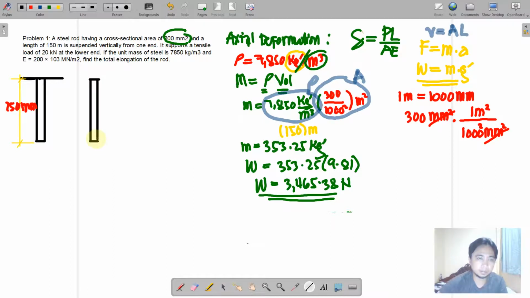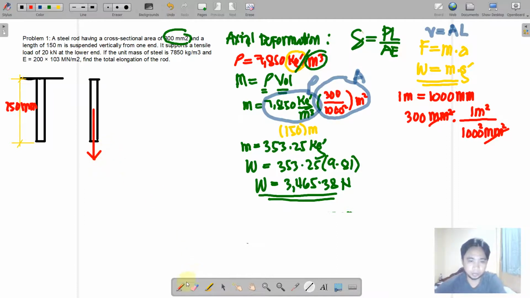If this is the FBD, there will be a corresponding weight acting on the center of gravity, and the center of gravity is just at the centroid of this one.